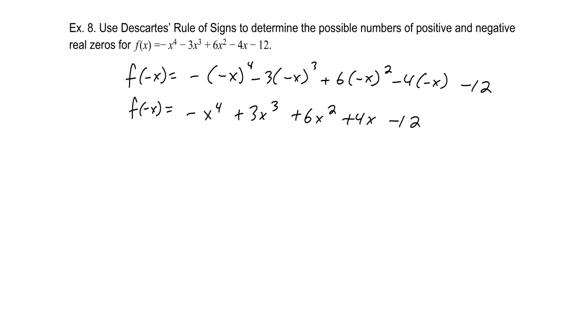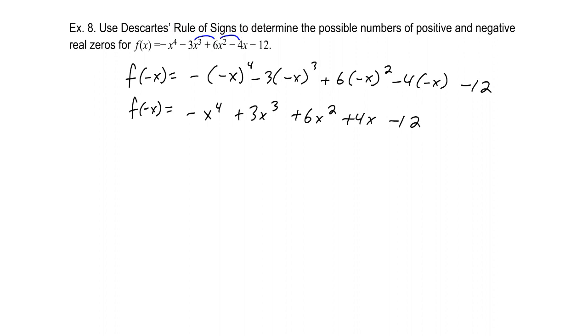Okay, now the number of sign changes for f of x means how many times it changes from the coefficients being negative to positive. So we've got negative to negative, nothing there. Negative to positive, that is one sign change. Positive to negative, there's another sign change. And then we have negative to negative, no changes there.